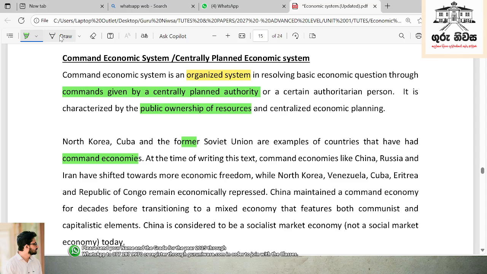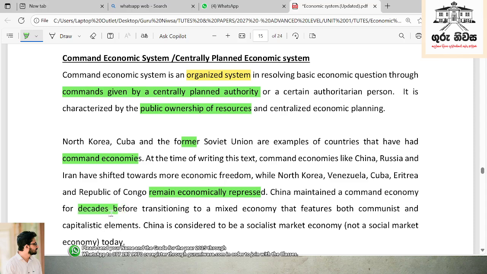So as we discussed last day, the market economic system has freedom. So, towards more freedom, while North Korea, Venezuela, Cuba, Eritrea, and the Republic of Congo remain economically depressed, China remained a command economy for decades.